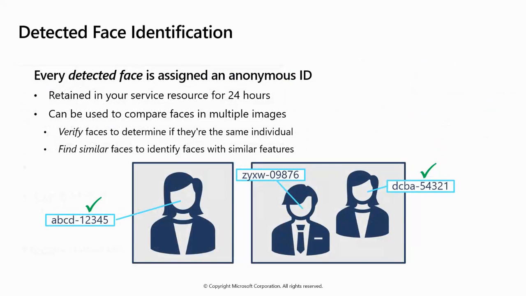This ID is a globally unique identifier which doesn't tell anything about the person's identity other than what they look like.